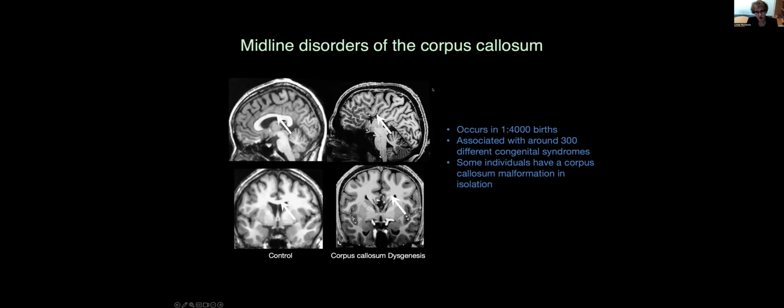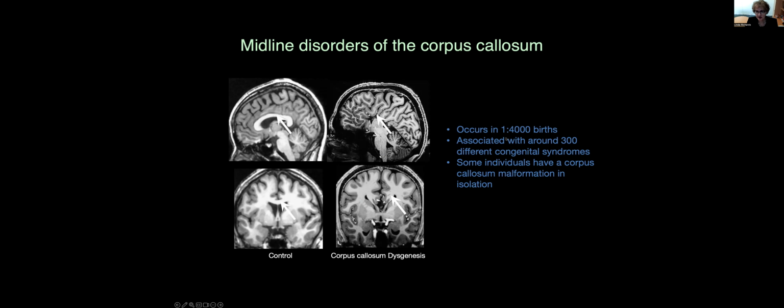So people can be born without a corpus callosum, and this is known as corpus callosum dysgenesis. Shown here is somebody that has a midline disorder, and so the corpus callosum axons arrive at the midline, but they're unable to cross. And they form these large bundles of fibers on either side of the midline here.